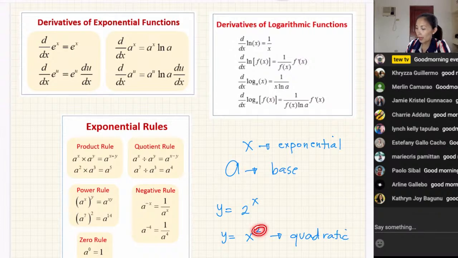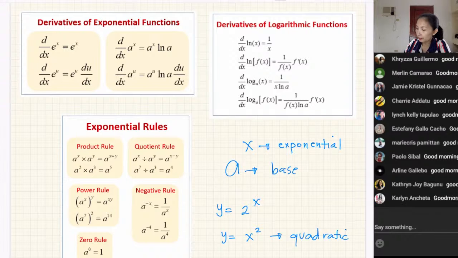So x acts as a base, whereas for an exponential function, the variable x acts as an exponent. That's how to distinguish between your polynomial functions and your exponential functions.